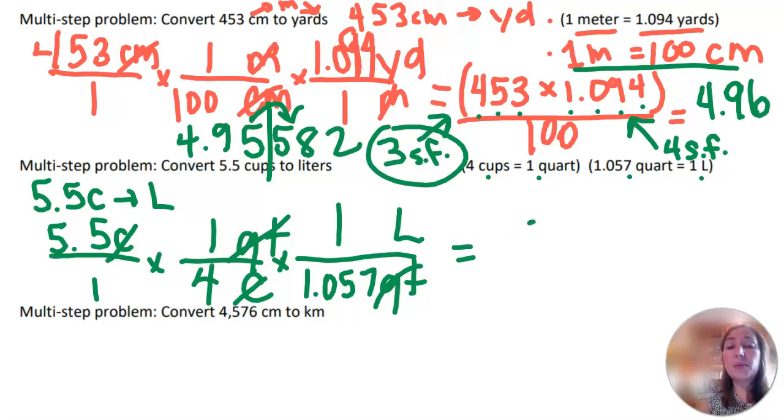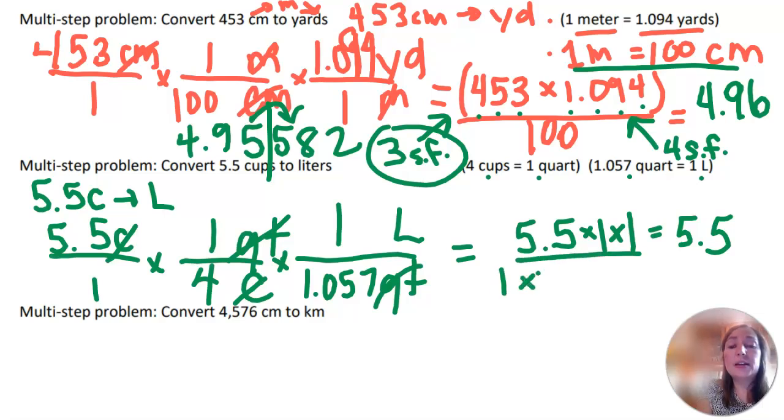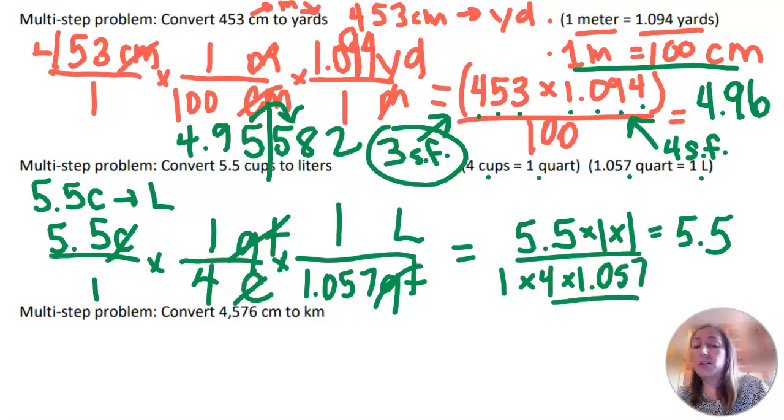Multiply across the top, 5.5 times 1 times 1 is just 5.5. I'll show that to you just in case you're like, where is she getting 5.5? And then in the denominator, we have 1 times 4 times 1.057. I'm just going to worry about the 4 times 1.057.